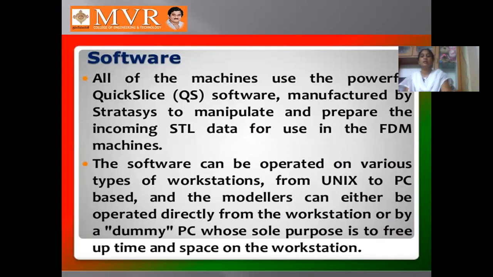Okay, and this STL file will be converted into the system, and this system can be operated on various types of workstations from Unix to PC based, and the models can either be operated directly from the workstations.